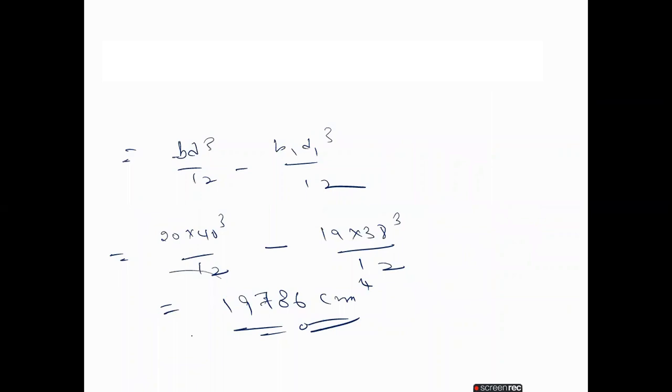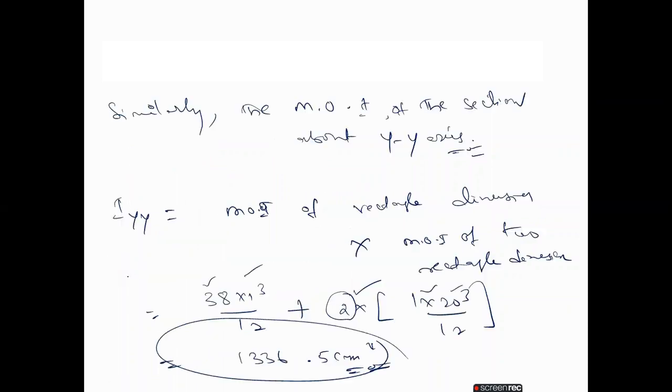Now take the least value of moment of inertia. If you observe here, this is 19,786 and this is 1336. So this value is the least value. Now we will take the I value equal to 1336.5 centimeter power 4. If I convert into mm, this is 10 power 4 mm power 4.